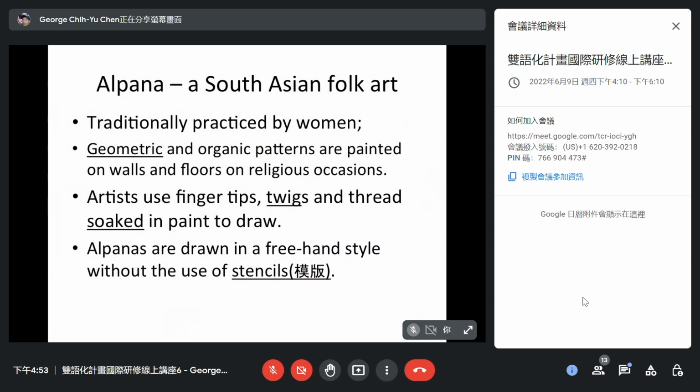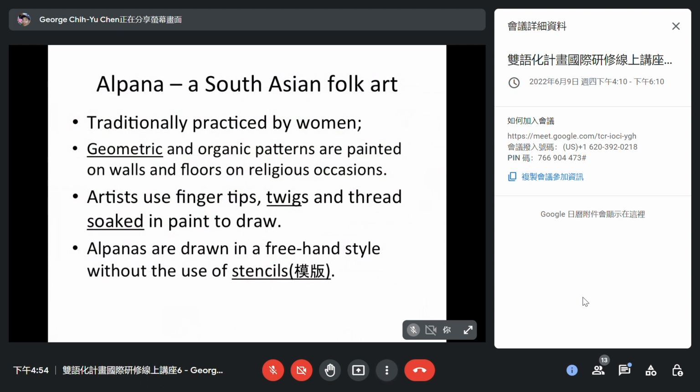Creepers means 藤蔓 and things like that are painted on walls and floors. How do they do it? Very simple. These skillful women, these artists, use fingertips, 用它的指端、手指的指尖 and the twigs 就是树枝 and the thread 线 soaked 浸泡在染料里面的线 to draw.